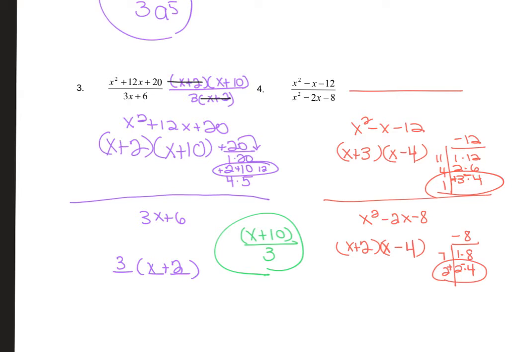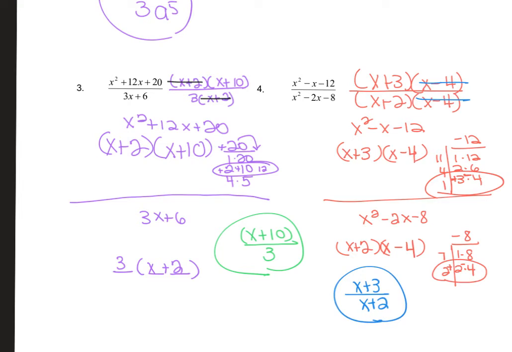So for the top one, I get x plus 3, x minus 4. For the bottom one, I get x plus 2, x minus 4. The x minus 4s match. They cancel. I'm left with x plus 3 over x plus 2.